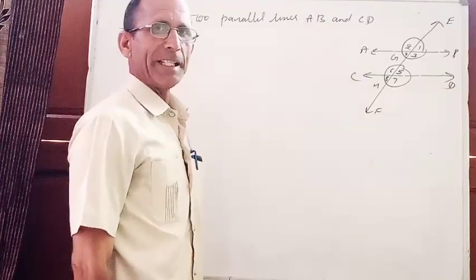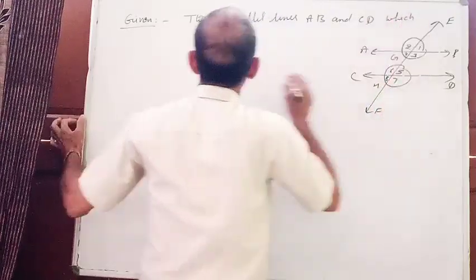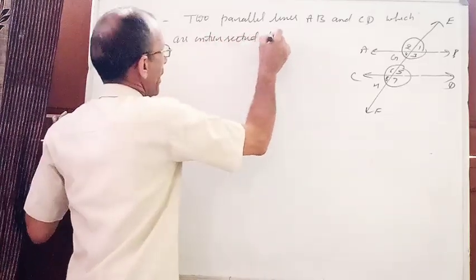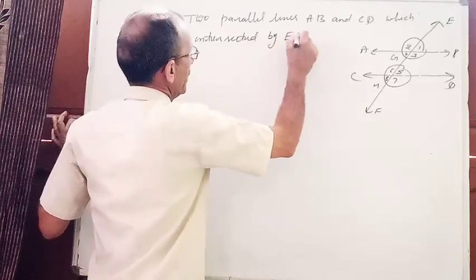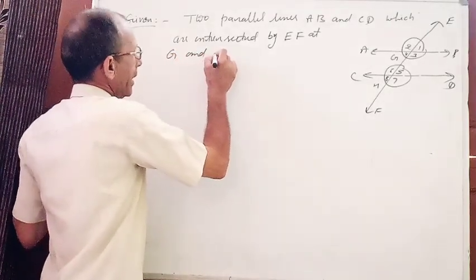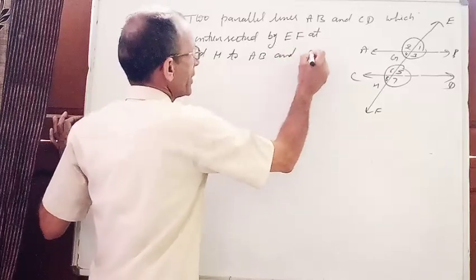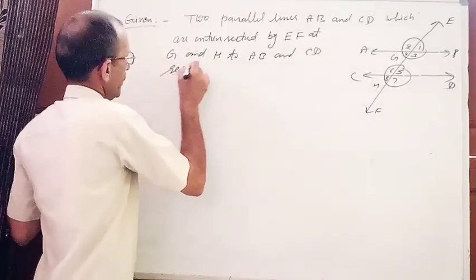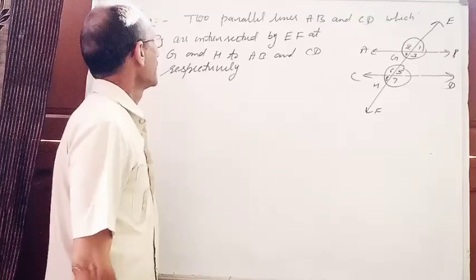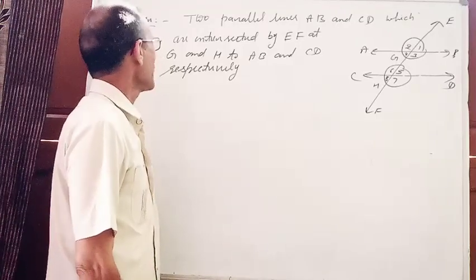Two parallel lines AB and CD which are intersected by AF at G and H to AB and CD respectively.